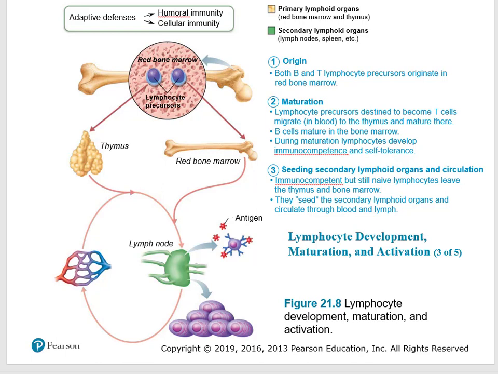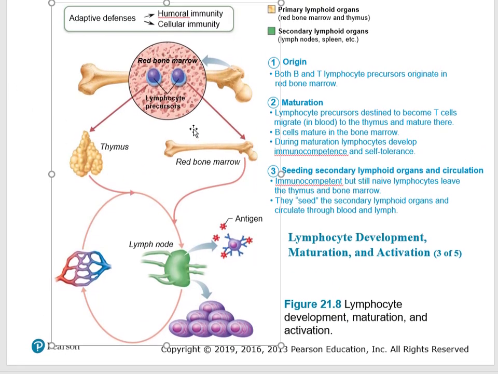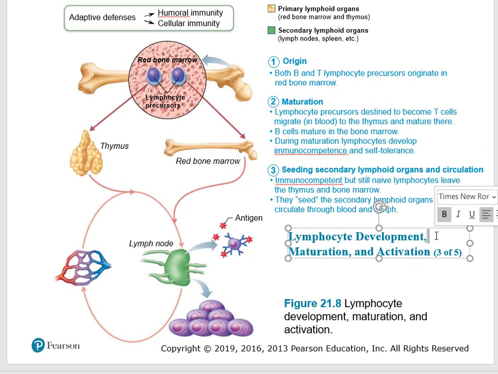When it's taking out the fluid, there's a high chance that there might be some kind of breach in the surface barrier, which lets bacteria get in, which means lymph nodes will have all kinds of bacteria in them. So when these immature cells from the thymus and bone marrow go into your secondary lymphoid organs like your lymph nodes, they get familiarized with all the antigens that are possible to get inside our body to cause disease.